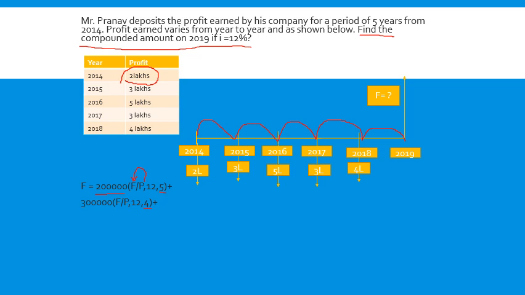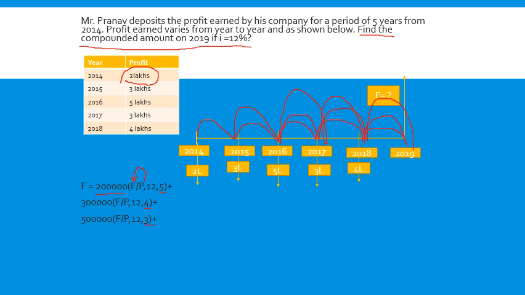It is here. What is the gap? 1, 2, 3, 4. Okay, that's why n is equal to 4. Now the next line. Next amount is 5 lakhs multiplied by F by P comma 12 comma 3. Where is this 5 lakhs? 5 lakhs is here. 1, 2, 3. That's why n is equal to 3.